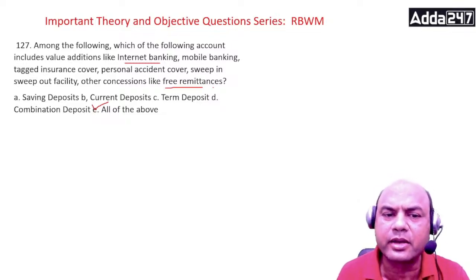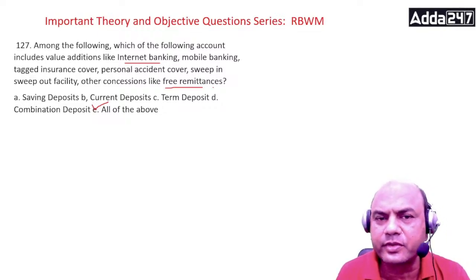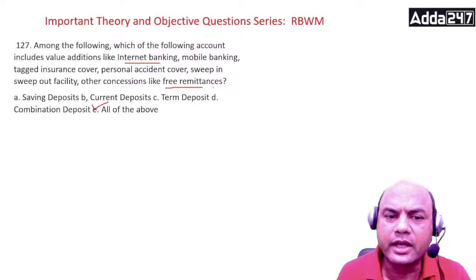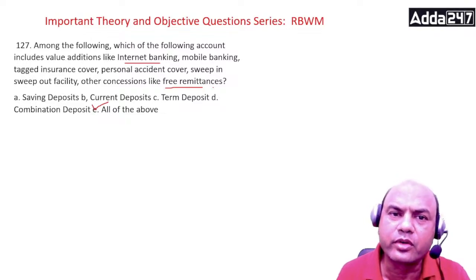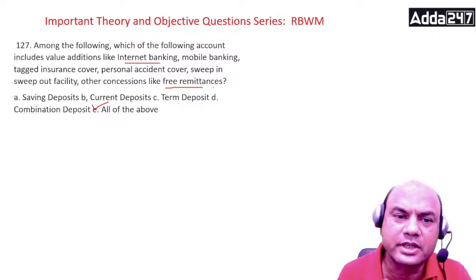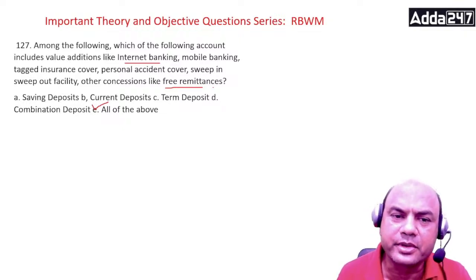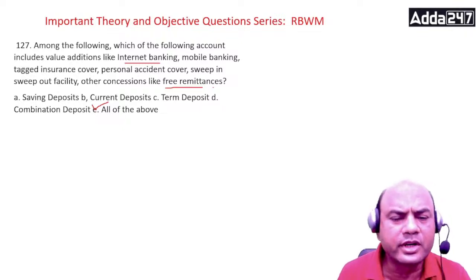Internet banking and mobile banking can be given for FD also. Am I not a customer of the bank? Any term deposit customer who has only an FD with you is also an equally important customer as a savings or current customer. I can add insurance cover and personal accident cover to the term deposit also. So it is all of the above.